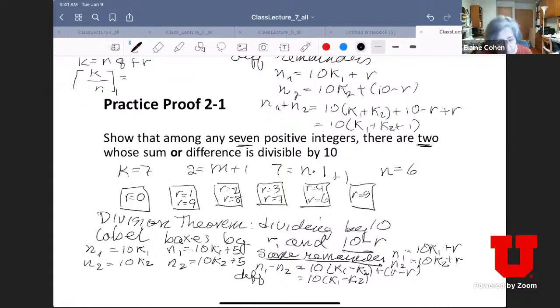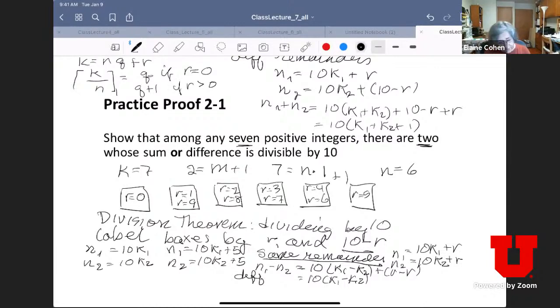That's the division theorem. And the ceiling operator says that's equal to q if r equals 0 and q plus 1 for r greater than 0.